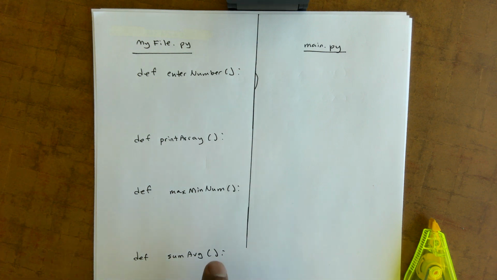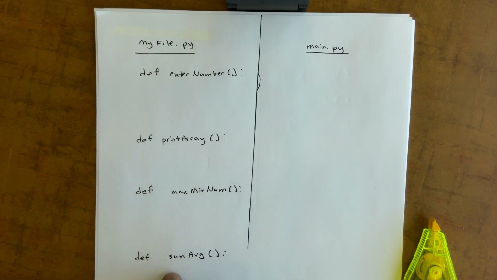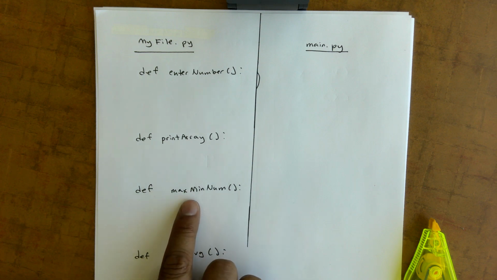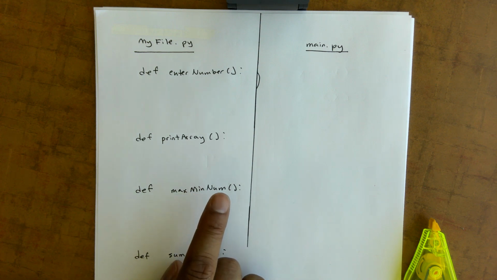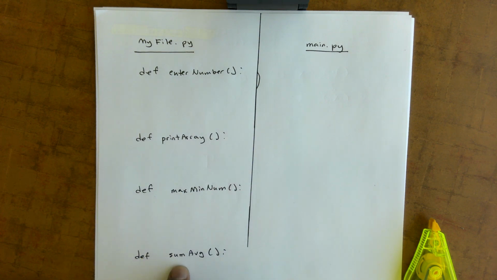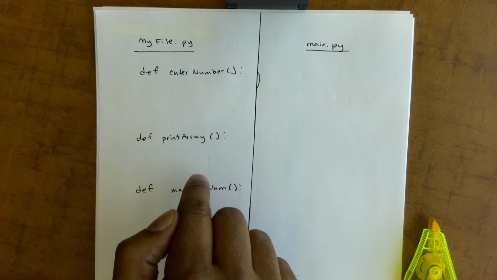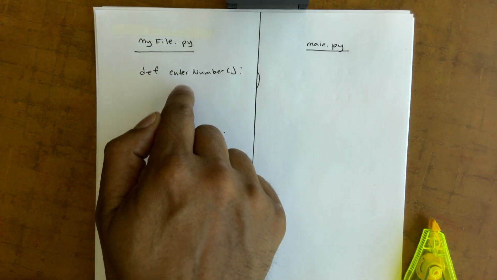You have to enter the numbers to determine max min num. You have to enter the numbers to determine the maximum and minimum numbers. You have to enter the numbers to determine the sum and the average, okay? Now, these 3 are not related, but this is interconnected, right?